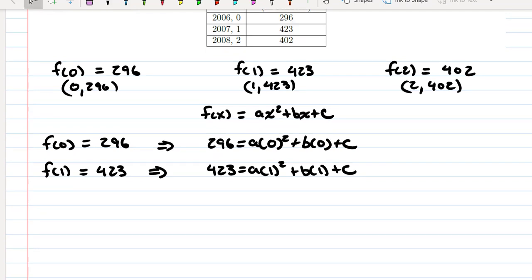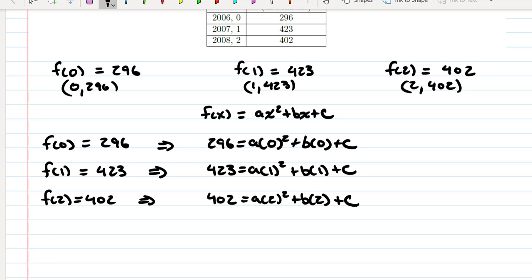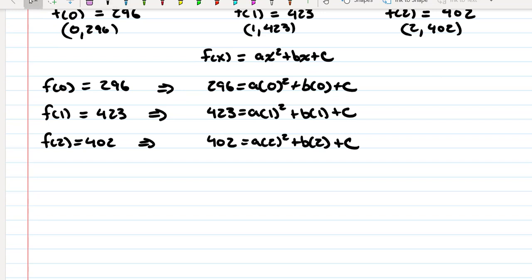My last ordered pair, f of 2 is equal to 402, gives me 402 is equal to a times 2 squared plus b times 2 plus c. Well, let's go ahead and simplify this up a little bit and write down our linear system.